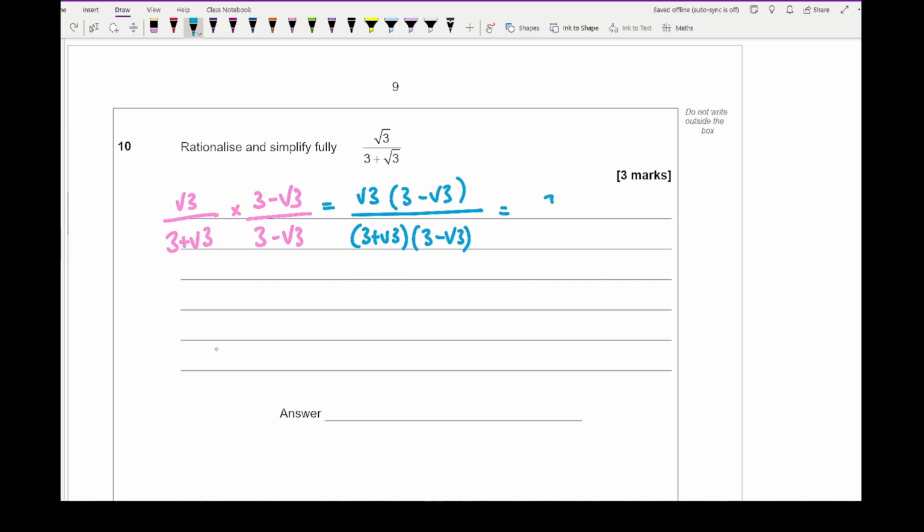This then becomes 3 root 3 minus 3 over 9 minus 3. Simplifying that, we get 3 root 3 minus 3 over 6. And then I can divide everything by 3. So that becomes a 2, that becomes a 1, and that becomes a 1, leaving me with an answer of root 3 minus 1 over 2.